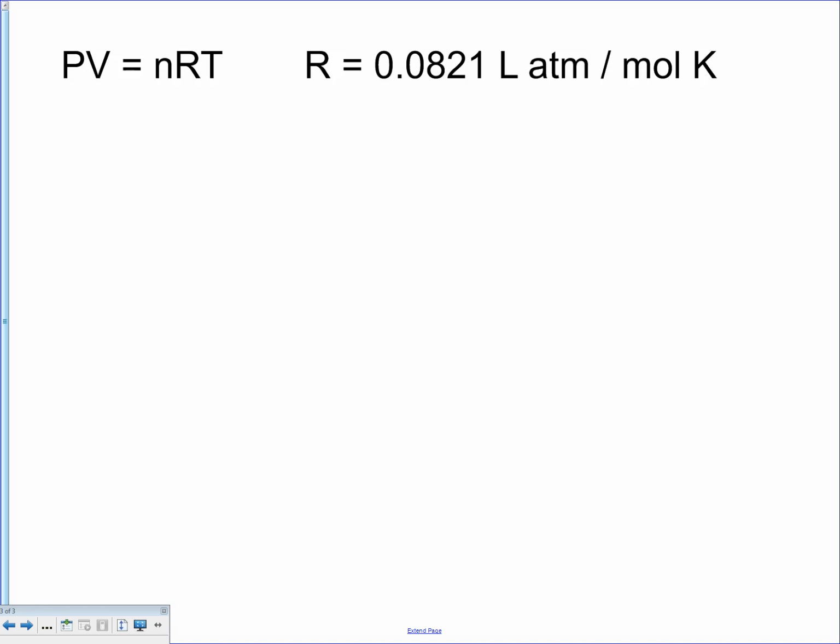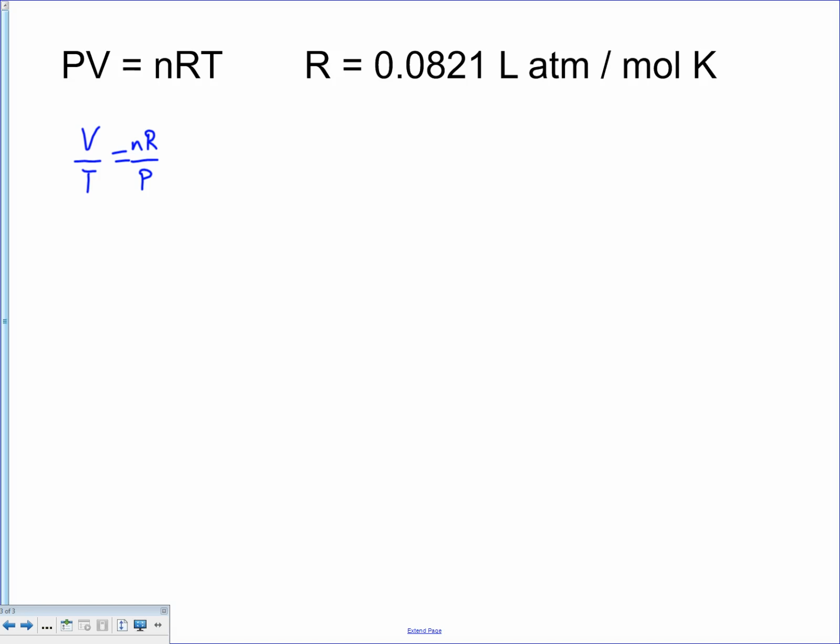So if you want to find a proportionality equation between volume and temperature, you need to solve the PV equals nRT equation so that volume and temperature are on the same side. So we'll go ahead and rearrange this. And I get V over T equals nR over P. You can go ahead and cross multiply there if you want to verify that that's the same equation.